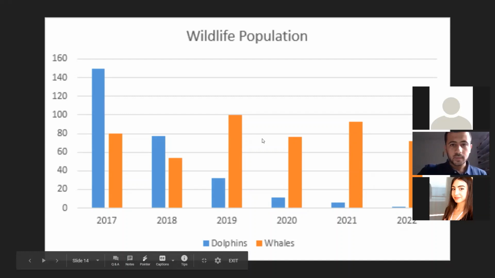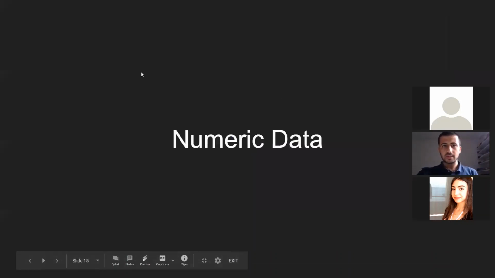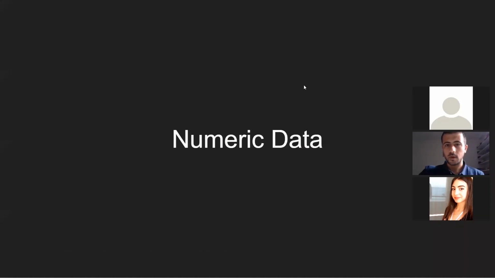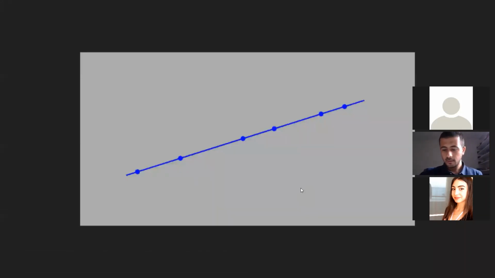Okay, so we move on to numeric data. Numeric data is as complex as this line. It's so complex, as you can see. We have continuous data that we should put as dots on that line, and if we have any additional patient, we will put it here.